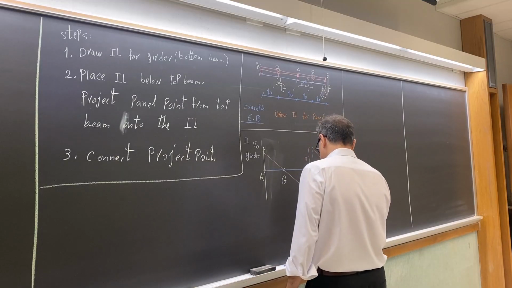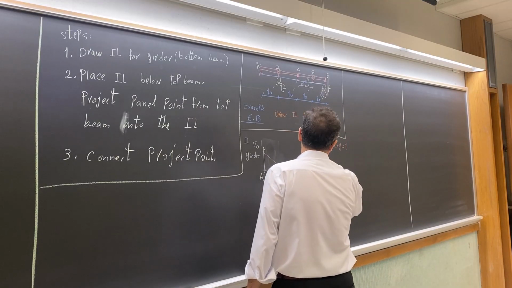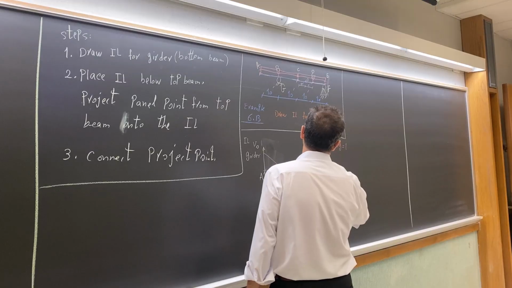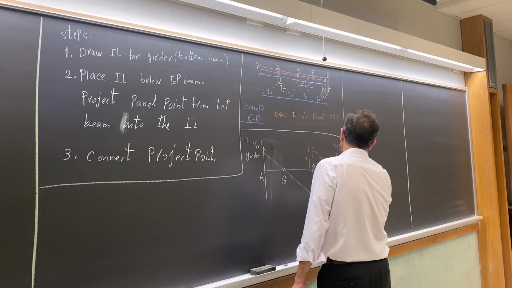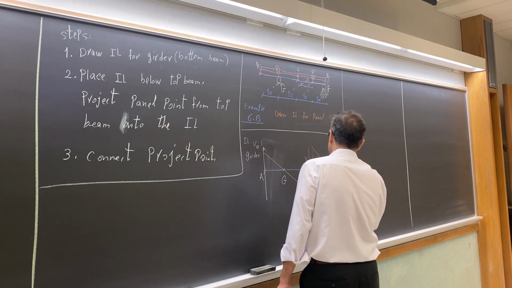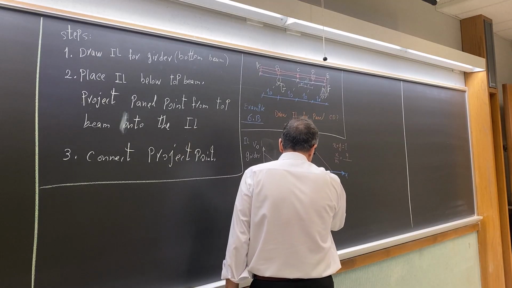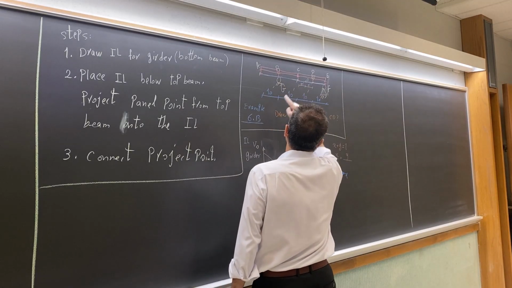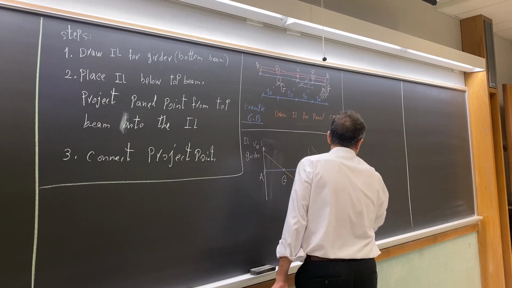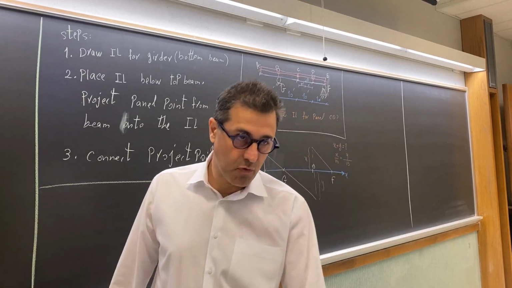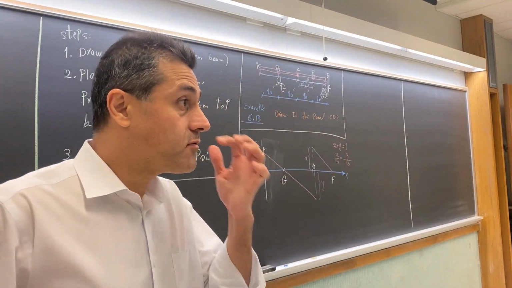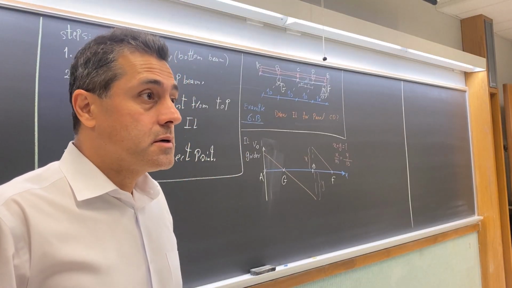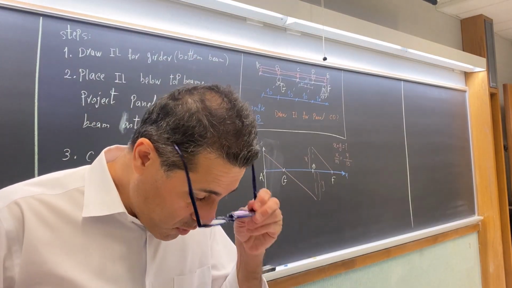So it means that x divided by this distance from O to F, which is 15, must be equal to y divided by the distance between G and O, which is again 15. This is what we did before to find x and y. And then from here you can find x and y.